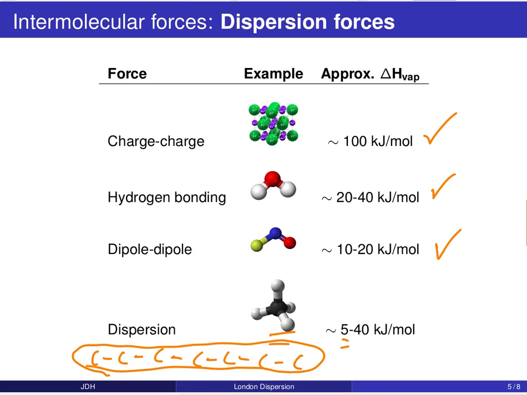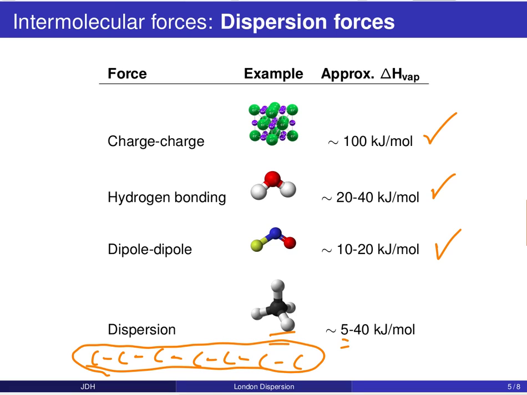A lot of strong dispersion interactions can result, because dispersion interactions are additive, right? You have a large molecule with a lot of temporary dipole moments interacting with a lot of temporary dipole moments on another molecule, and they add up, and you can actually see rather large dispersion energies resulting if you have a sufficiently large compound.